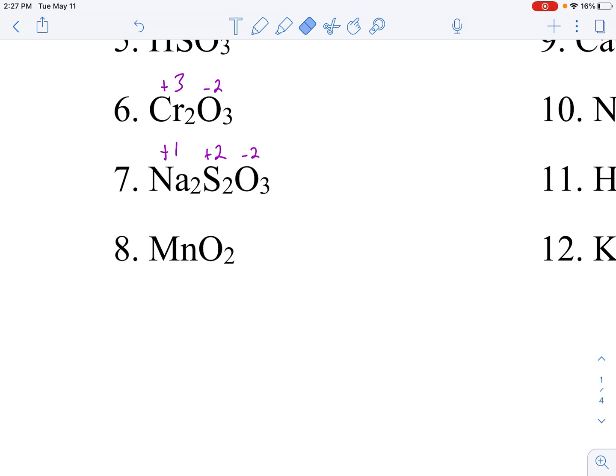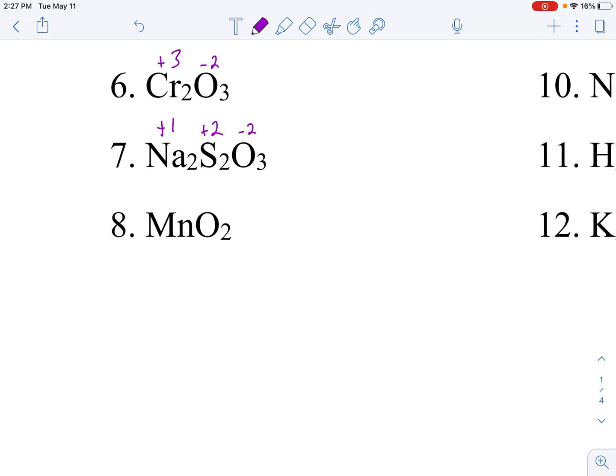Now, MnO2. Ooh. Okay, so this is a metal and O2. So if this is a peroxide, meaning it's O2 2 negative, that is the case in which oxygen's oxidation state would be -1. There's 2 of them, so that's a total of -2. So manganese here would be +2.